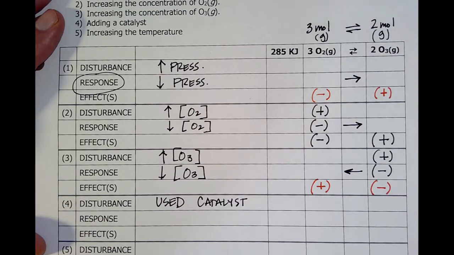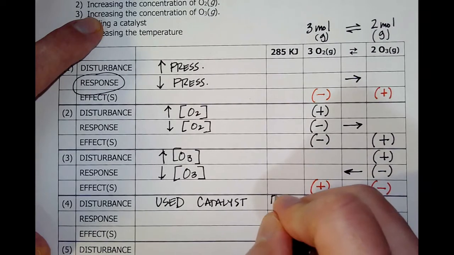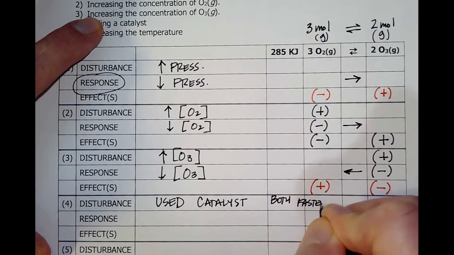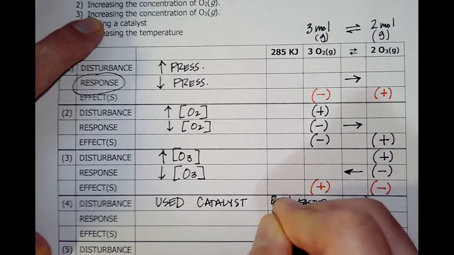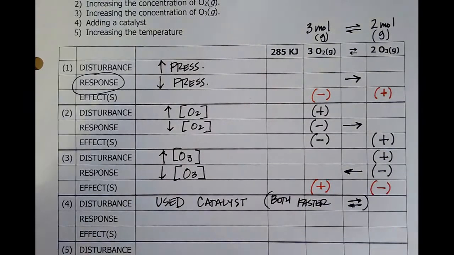Speeds it up. I can say, well, both are faster. Well, it doesn't mean there's more of anything. It just means it gets there faster. I still have my reactions occurring. They're just going back and forth faster. There's no effect.